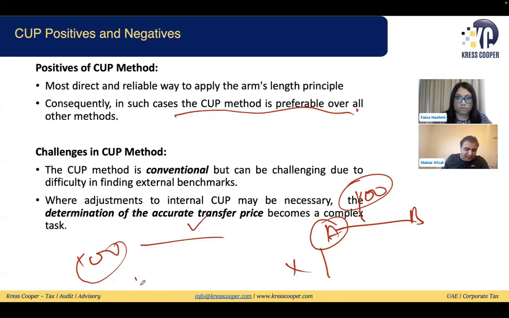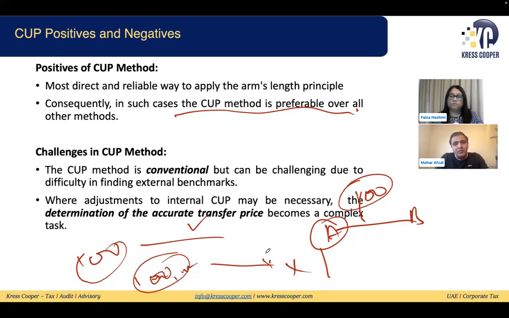A mature, huge company charging in the market and a new player in the market will have different prices.